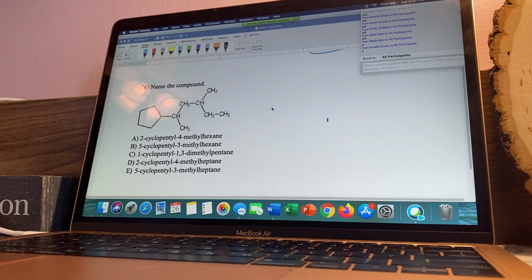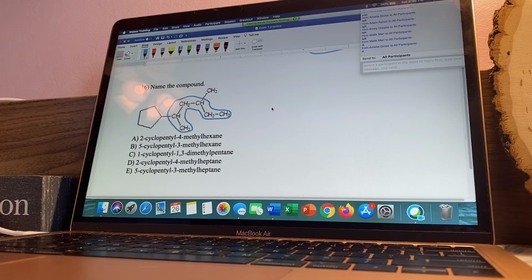Yeah, so remember how this parent chain only is the parent chain if it's the longest. We can get a 6 carbon chain, and that's going to be longer than 5, so we're going to have the cyclopentene group being a substituent rather than the parent chain.